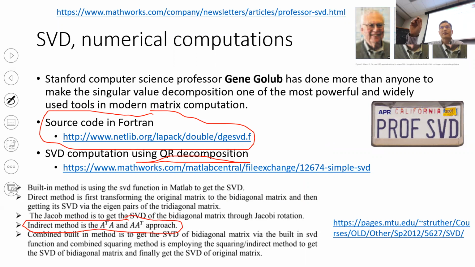Okay, A is your input matrix. You can do A transpose A, the inner product and outer product, to get the covariance matrix, the Gram matrix, and then do Eigen decomposition. And then you will get the SVD solution.